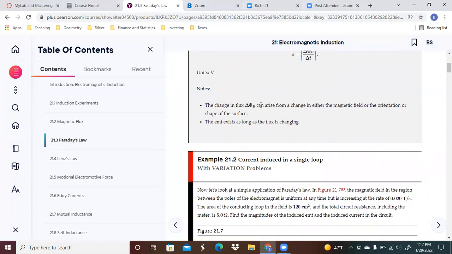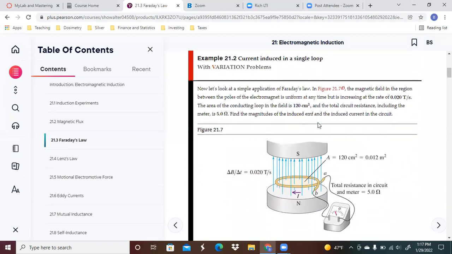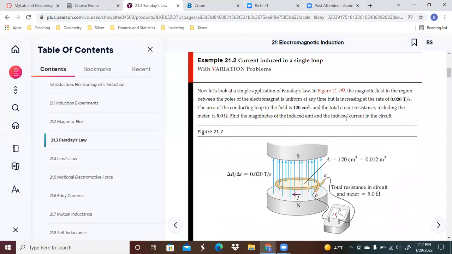So this changing flux can arise from either a change in the magnetic field or the orientation of the shape of the surface. If we're going to look at an application here, you've got this figure which looks like what we had before. The magnetic field in the region between the poles is uniform to help with the calculations at any time, but is increasing at a rate of 0.02 teslas per second.